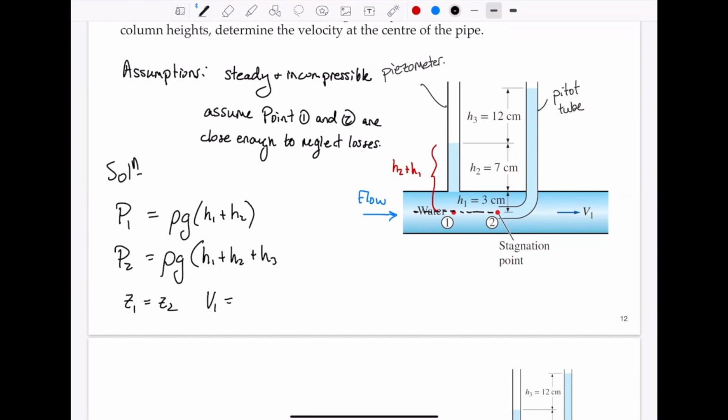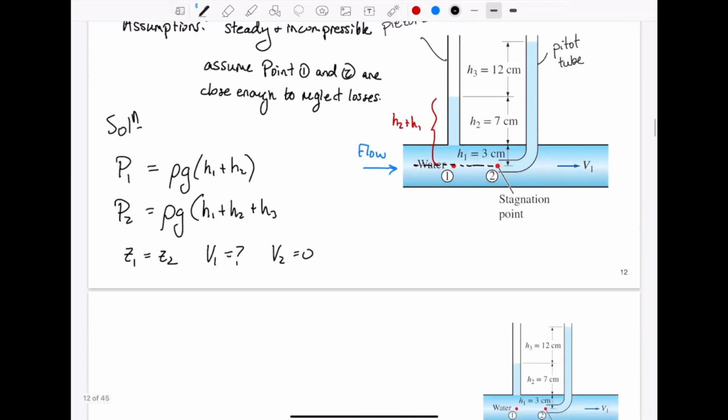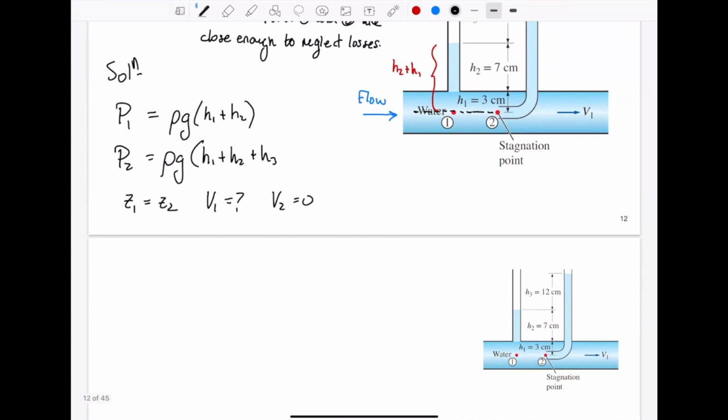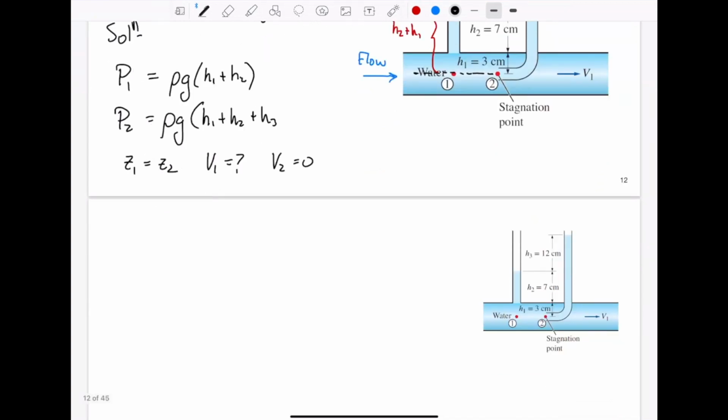And v1 is unknown, since we're asked to find the velocity. And we know v2 at the stagnation point is going to be 0. So let's write down Bernoulli's equation again. Which form do we want to write it in this time? We've already solved that equation for v1, so let's just go straight to that equation that we derived already.